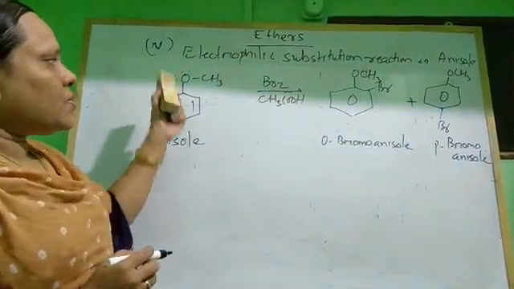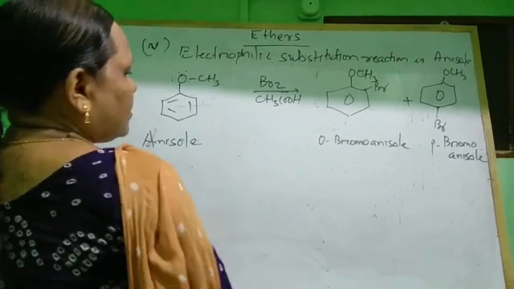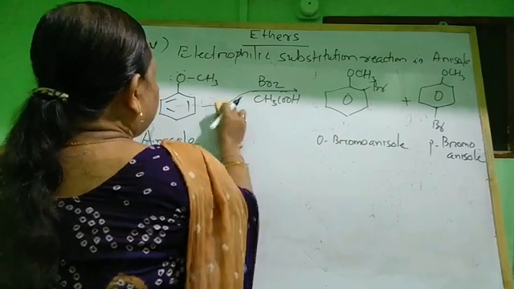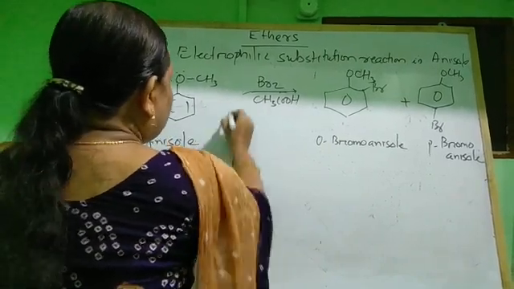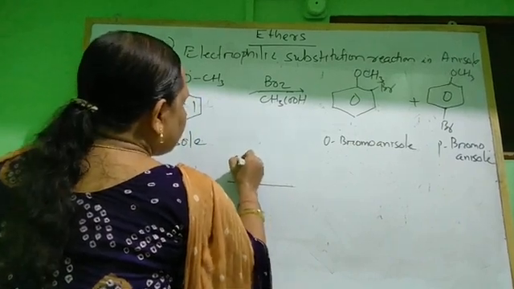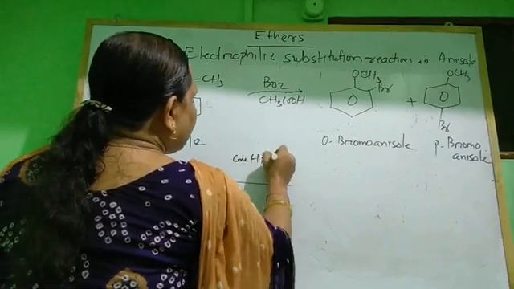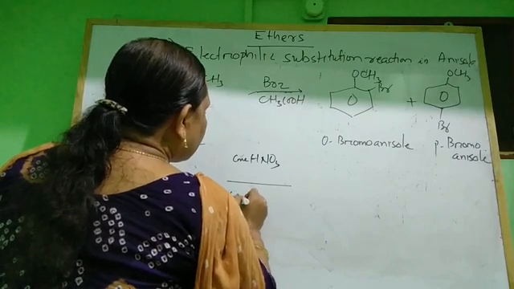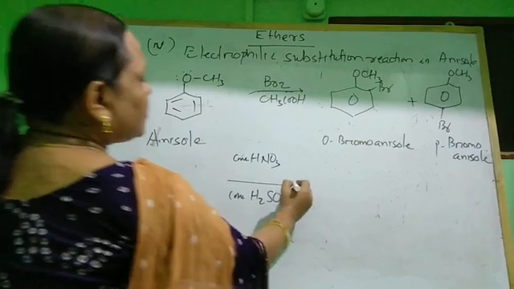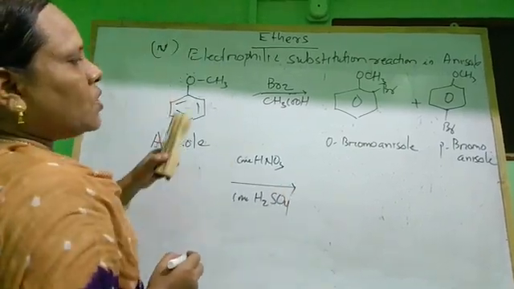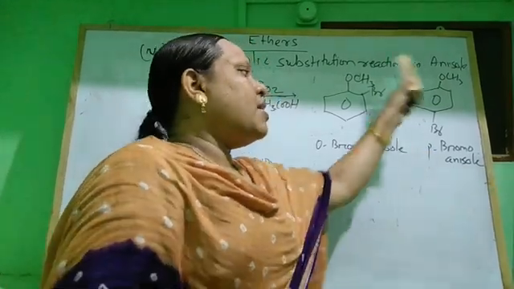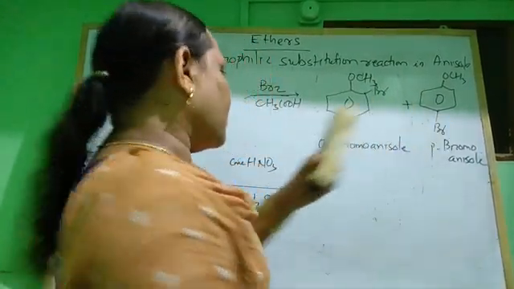Similarly, when it undergoes nitration, the reaction mixture is concentrated nitric acid and concentrated sulfuric acid. When it undergoes nitration, it forms orthonitroanisole and para-nitroanisole. Para product is the major product.